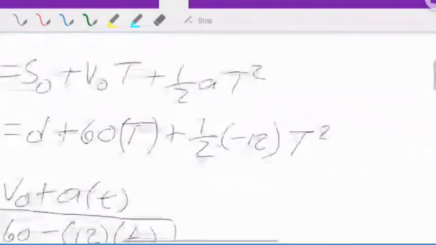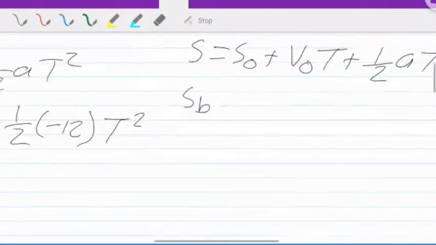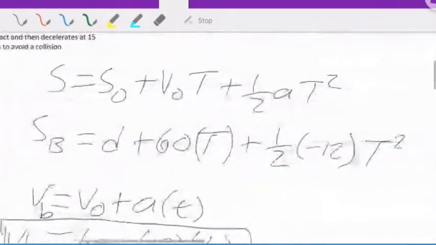So let's plug it in and see what we get. Again, S equals S naught plus V naught multiplied by time plus 1/2 A T squared. And let's do it in terms of car B. Car B is the one that's ahead.